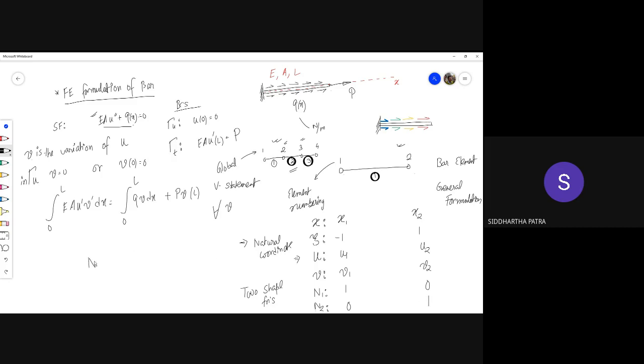Now, the value of the ith shape function at the jth node is something called a Kronecker delta, which means equals to 1 if i equals j, equals to 0 if i not equals to j.